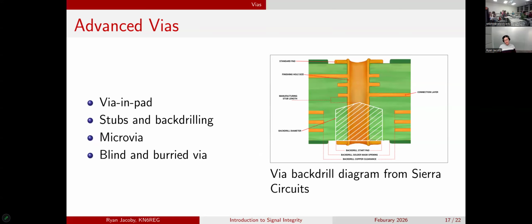And then we can also do blind and buried vias, where you have vias between layers that are not exposed at all to the outside of the board, or vias that go from the outside in down only part of the way. Generally, these will be drilled partially through the manufacturing process and plated before the multiple layers of the board get laminated together.